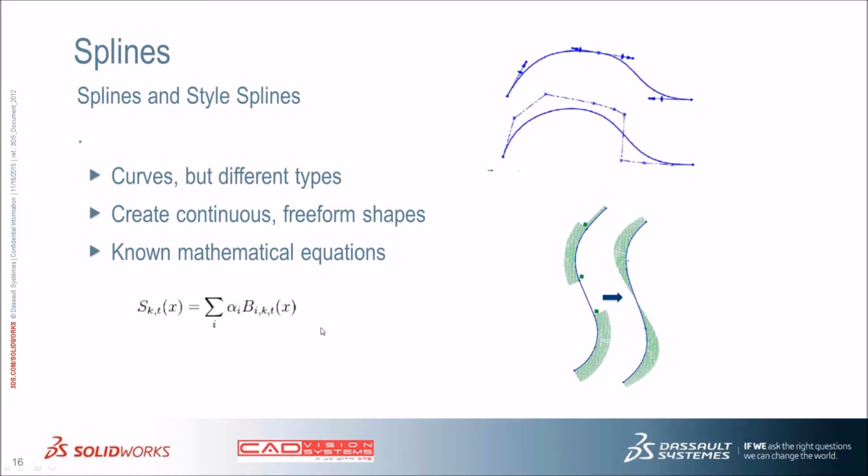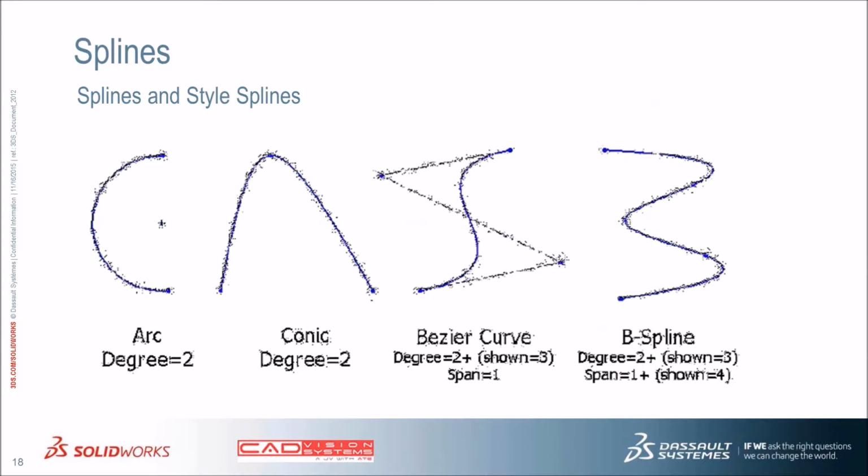Let's have a look at this. Next, for an arc, basically it's a radius. It's part of a circle. A conic actually encompasses the arc.